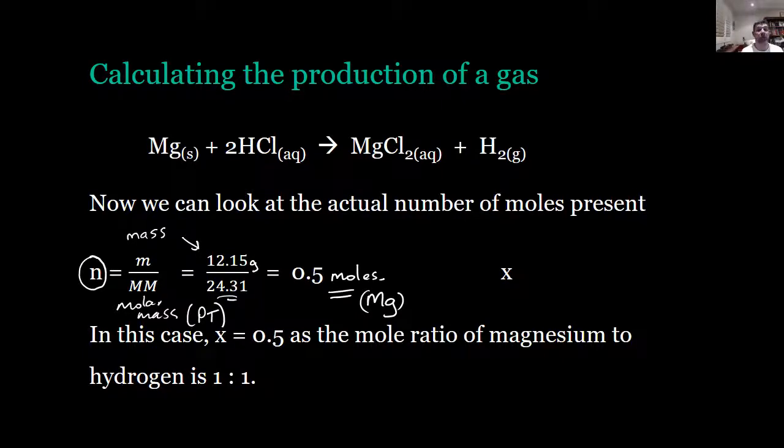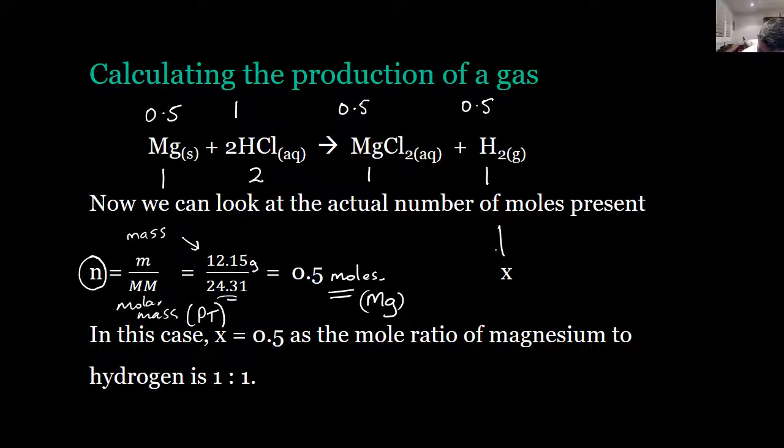Now this is where our mole ratio is critically important. If I just remind you of these 1 to 2 to 1 to 1, then what you can see is if we have 0.5 moles of magnesium, then we must have 1 mole of hydrochloric acid reacting. We must have 0.5 moles of magnesium chloride produced, and we must have 0.5 moles of hydrogen gas produced.